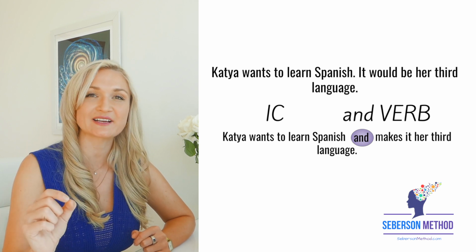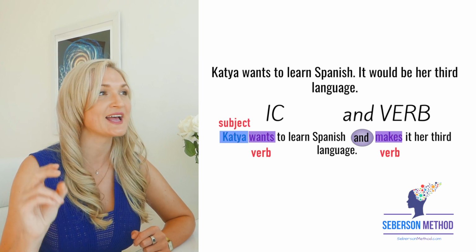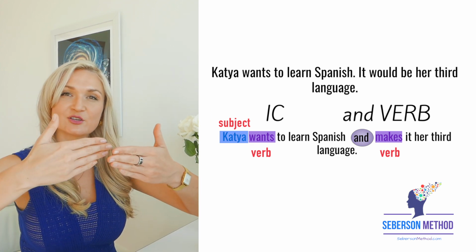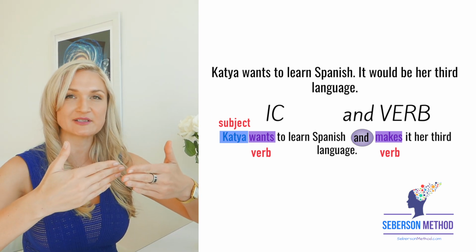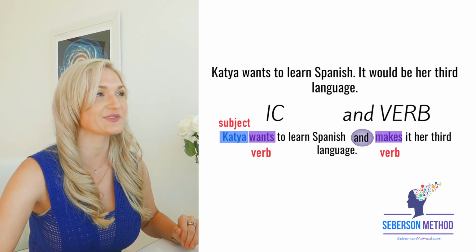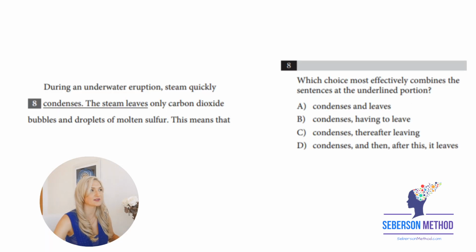We're missing a subject, and here we have a structure where we have one subject and two verbs. And that is a popular way for the SAT to blend two sentences, especially if an object and a subject are overlapping. Let me show you a real example from a real SAT test. During an underwater eruption, steam quickly condenses.